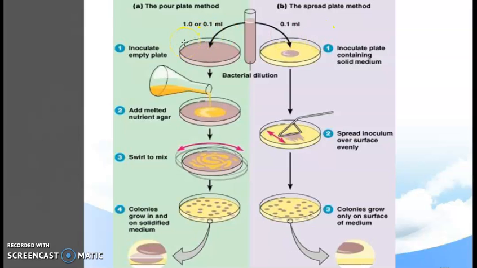Here the 1 ml of sample is poured to the empty petri plate, and here 0.1 ml of the sample is poured over the solidified agar medium. And later, after incubation, we can see that in pour plate method, the colonies grow in and on the solidified medium. But in spread plate method, the colonies grow only on the surface of the medium.